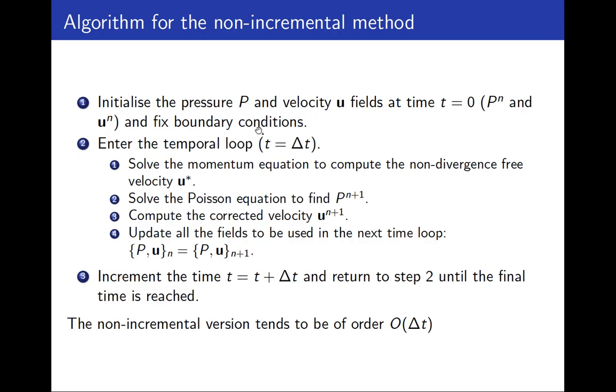Once you do step 1, you enter the temporal loop. That means you will be increasing delta t values to increase time. The first step of the temporal loop is that you will solve the momentum equation to compute the non-divergence free velocity.